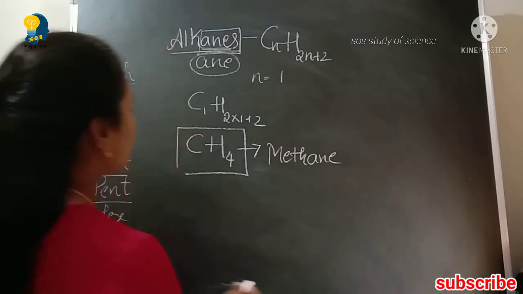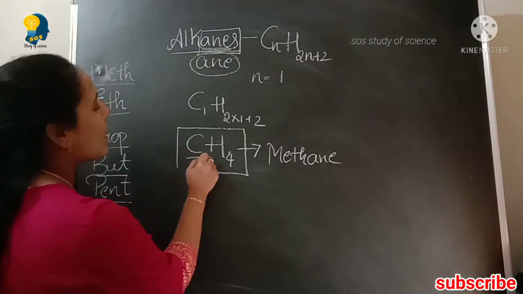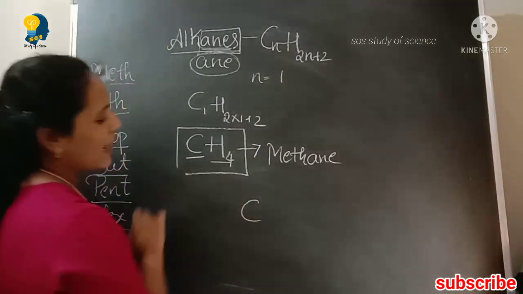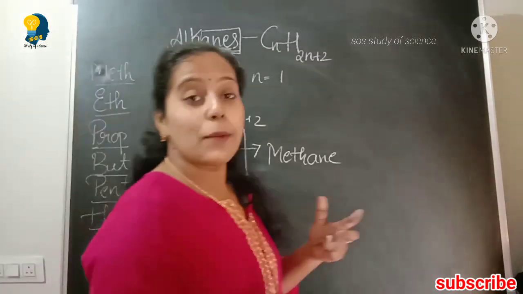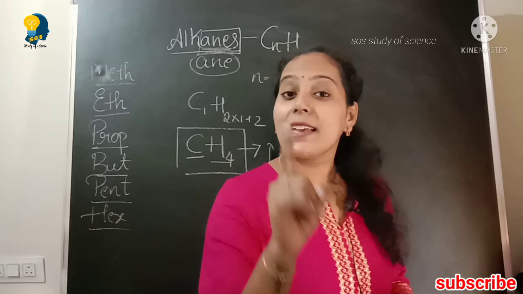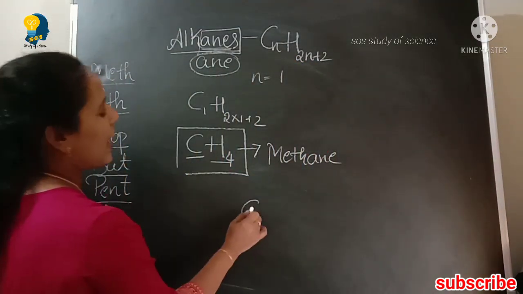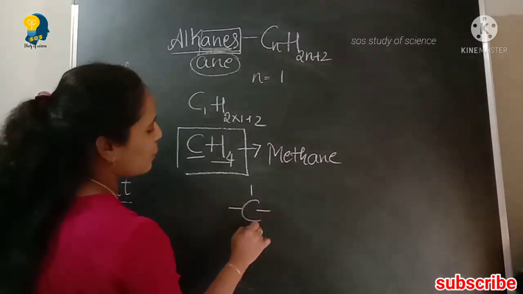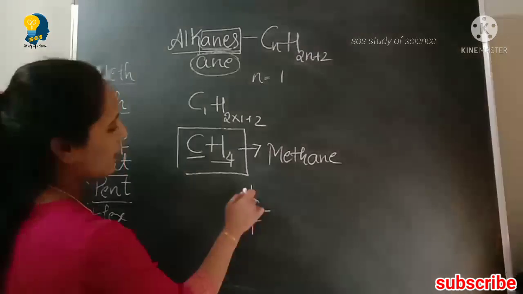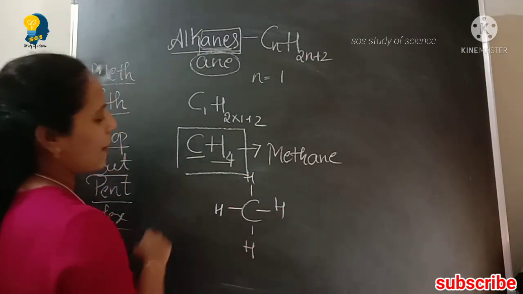How do we write the structural formula? Very simple. Look at the molecular formula. It is 1 carbon atom surrounded by 4 hydrogen atoms. I told you when I was talking about saturated hydrocarbons that they have single bonds. So now the carbon will have 4 bonds, and how many hydrogens are surrounded by it? 4 hydrogens, with single bonds.